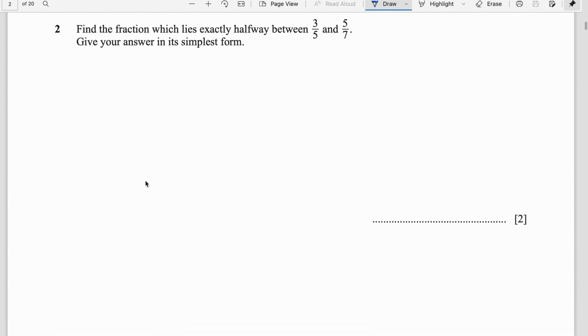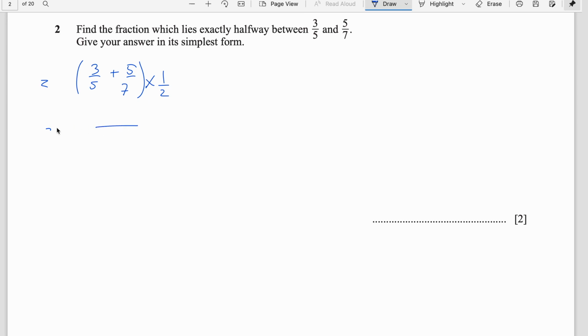Question number 2. Find the fraction which lies exactly halfway between the two given fractions. So we first add them and then divide by 2, or multiply by 1/2.